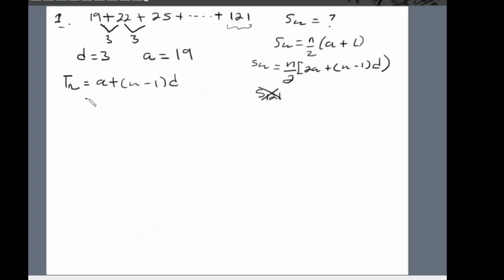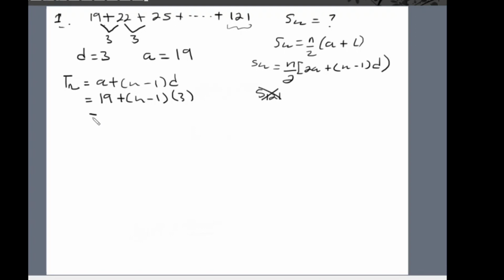The first term a is 19, plus n minus 1 times d. Substitute the value of d using brackets, because if it's negative you can still make mistakes there, right?